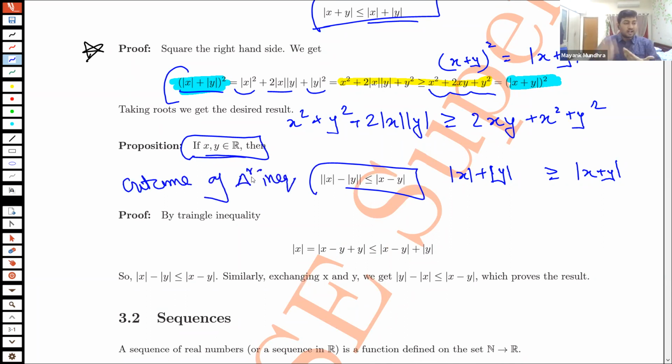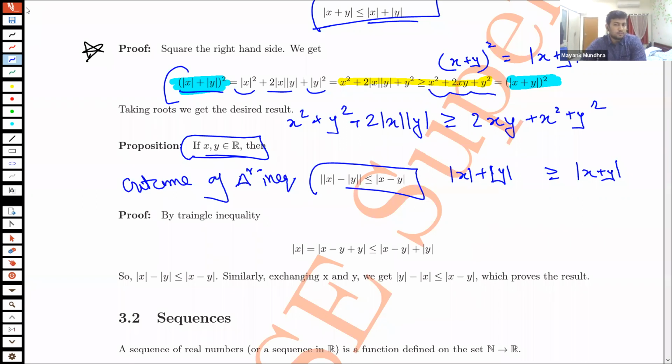They might not ask you the triangular inequality directly. They can ask you some outcome of the triangular inequality like this. It's not that they ask it a lot, but they can ask it. And if they ask it, sometimes you might not be able to do this.